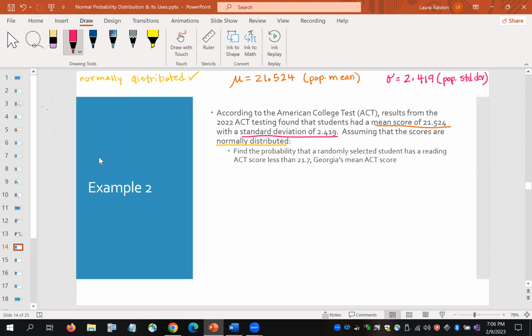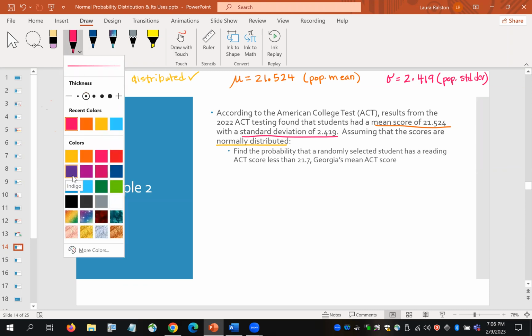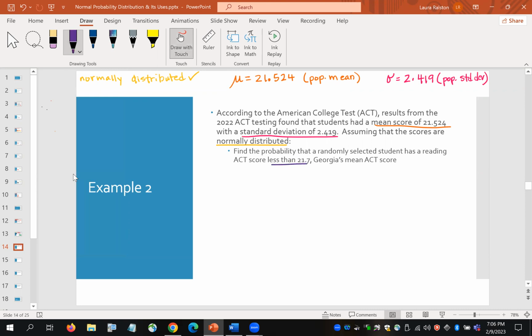And then it says find the probability that a randomly selected student has a reading score less than 21.7. And it tells me that was Georgia's mean ACT score. But I'm really only worried about the value.